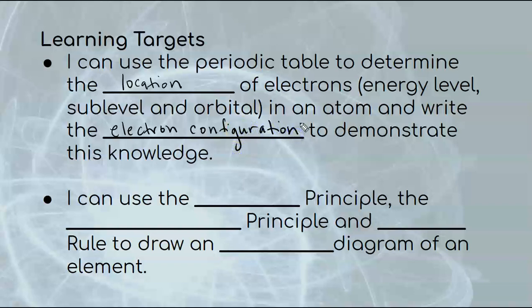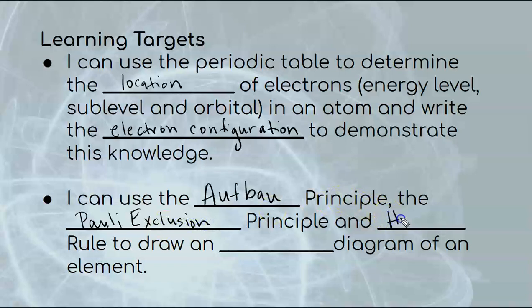If you're not sure what an electron configuration is, that's okay, because that's what this video will explain to you. Our second learning target will also be dealing with electron configurations. It states, I can use the Aufbau principle. So take a look and see how Aufbau is spelled. It's A-U-F-B-A-U. The Pauli exclusion principle. Also take a look at how that is spelled.